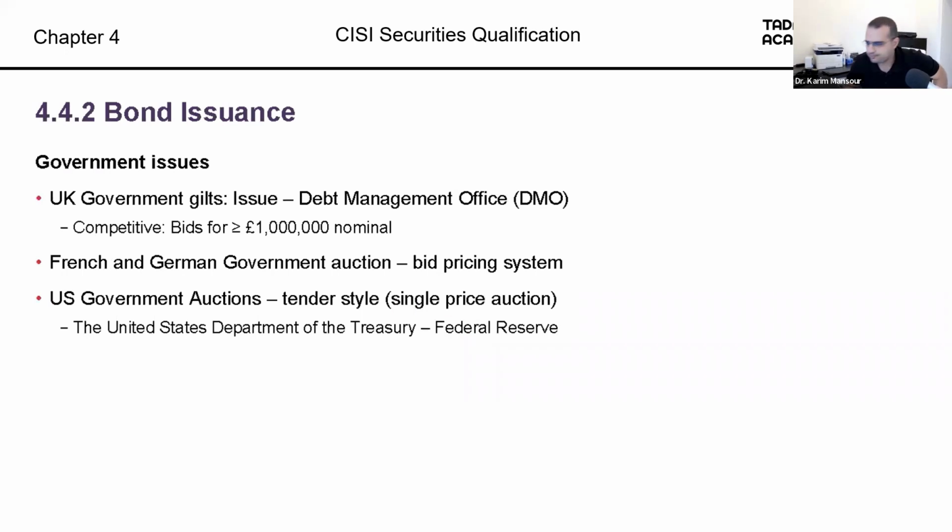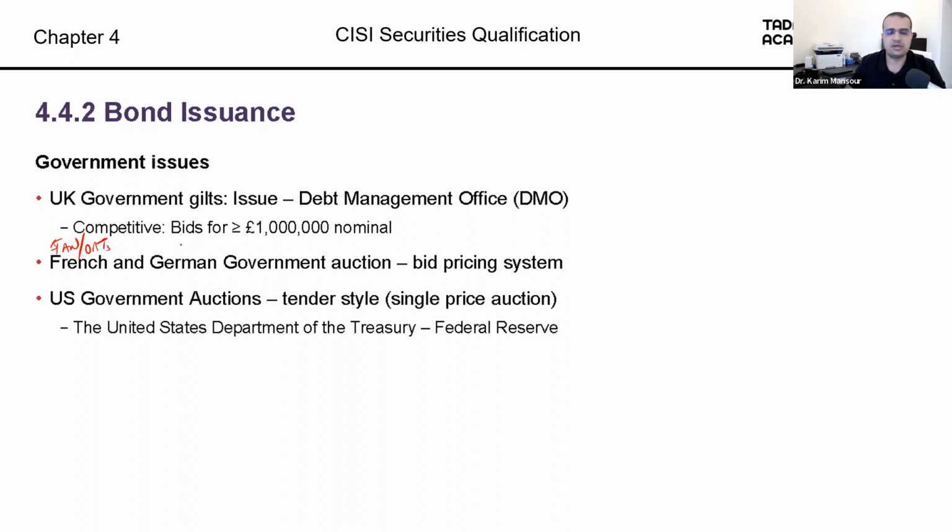Government issues. In chapter 2, we talked about the governmental bonds and their issuance in Germany, France, the US, the UK and Japan. We talked about their maturities, we talked about their names. The French bonds are called BTAN and OATs.